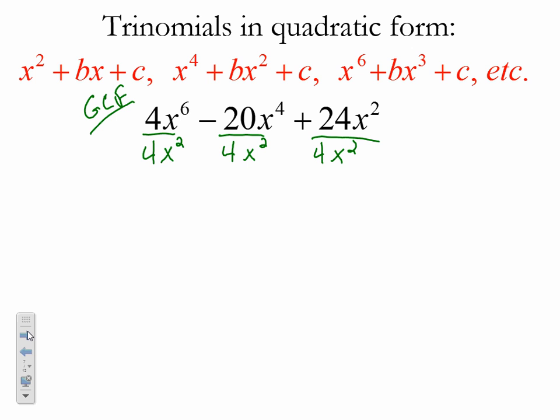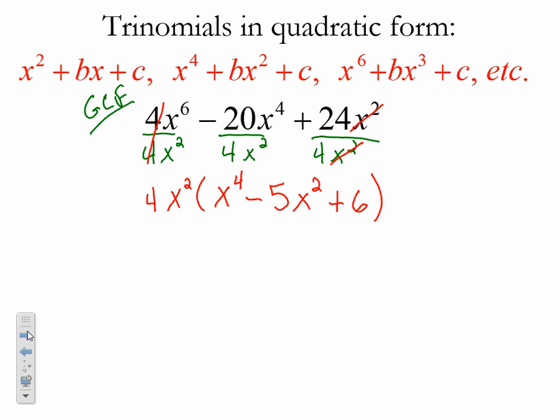So the first thing I have to do is rewrite this problem. I'm going to get just 4x squared in front. On the inside, my 4's cancel. 6 minus 2 is 4, so x to the 4th. Minus 20 divided by 4 is 5x. Subtract 4 from 2, I get 2, plus 6. Because my x is on this one, cancel.